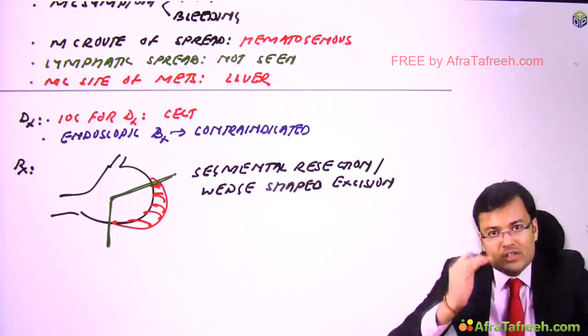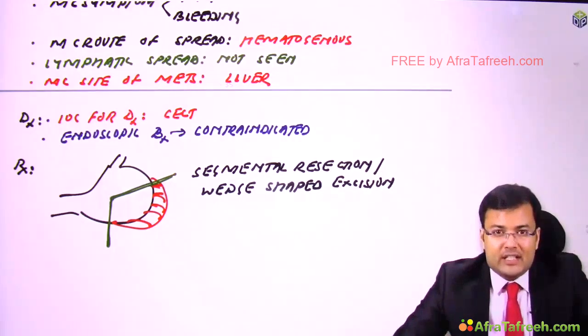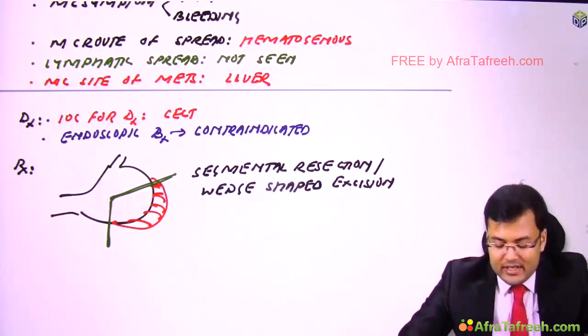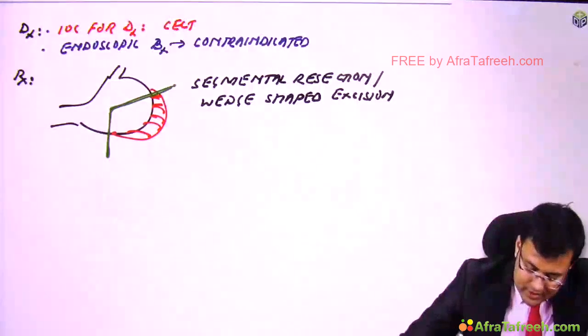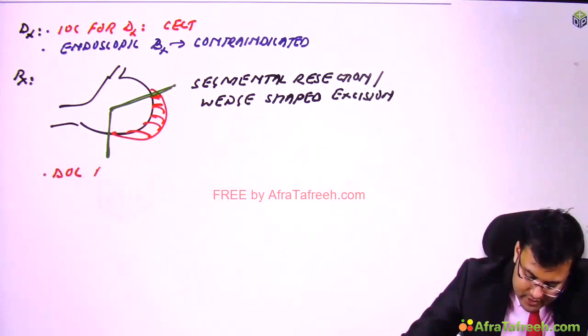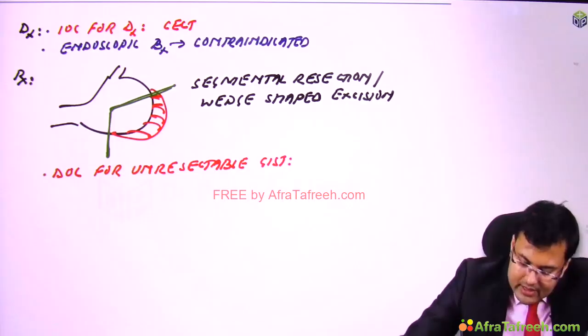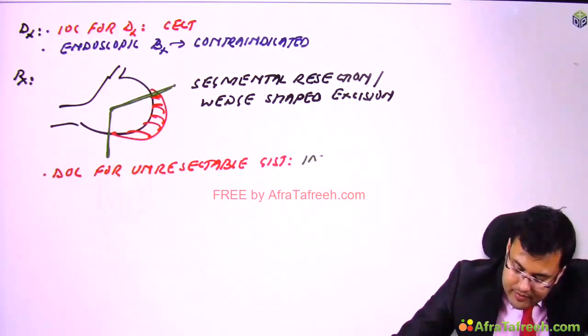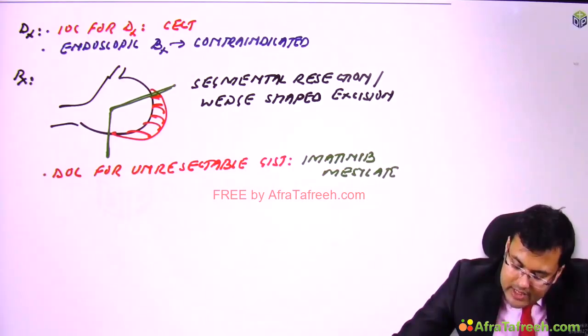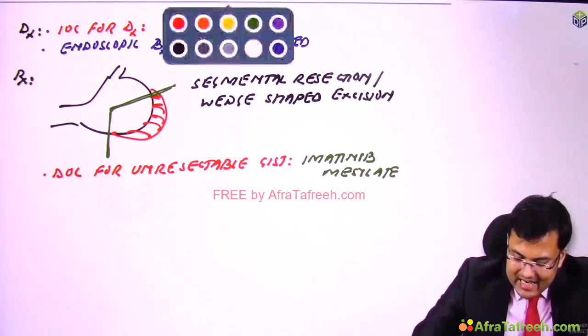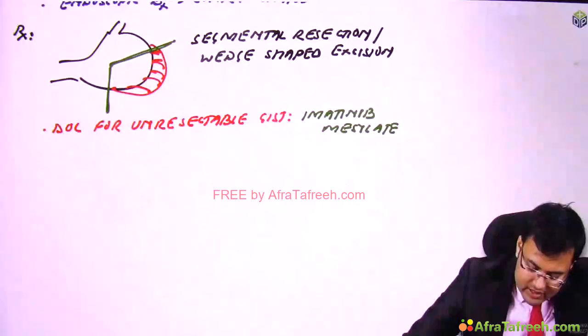So we have to downstage the tumor, and after downstaging the tumor, we have to treat it. So the question is asked, what's the drug of choice for unresectable GIST? It's imatinib mesylate. Next question, what is the second line agent for unresectable GIST?